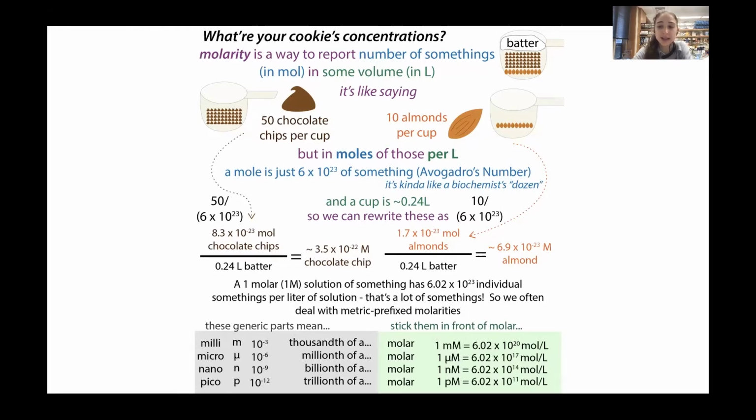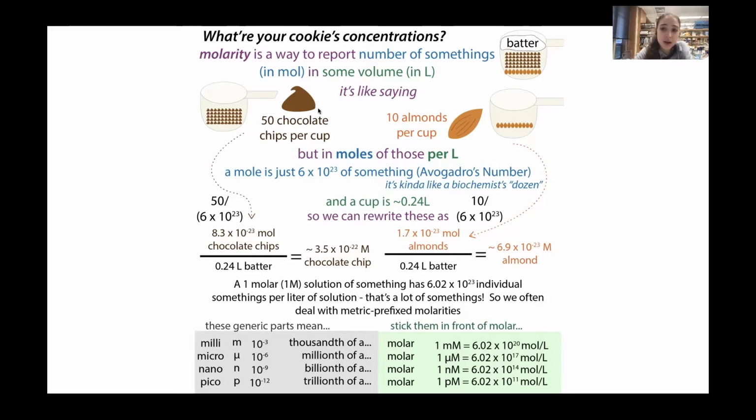So it's kind of telling us the likelihood that we're going to bump into one of those things. I mean, it's not a probability in any way, but it gives you a sense of how crowded the solution is.